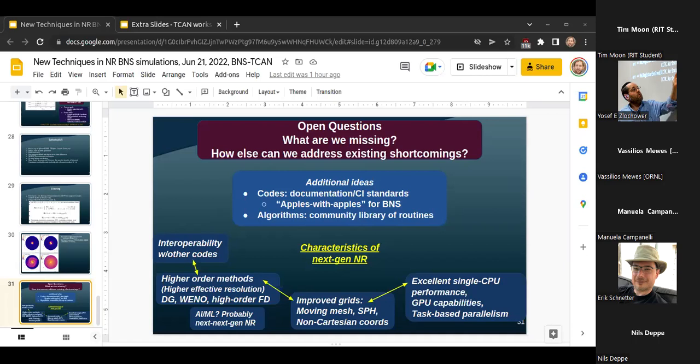Yeah, and then, Vasilios, to answer the question on hardware, I have not seen convincing evidence that large systems of equations like the Einstein equations plus viscous MHD work well on GPUs.